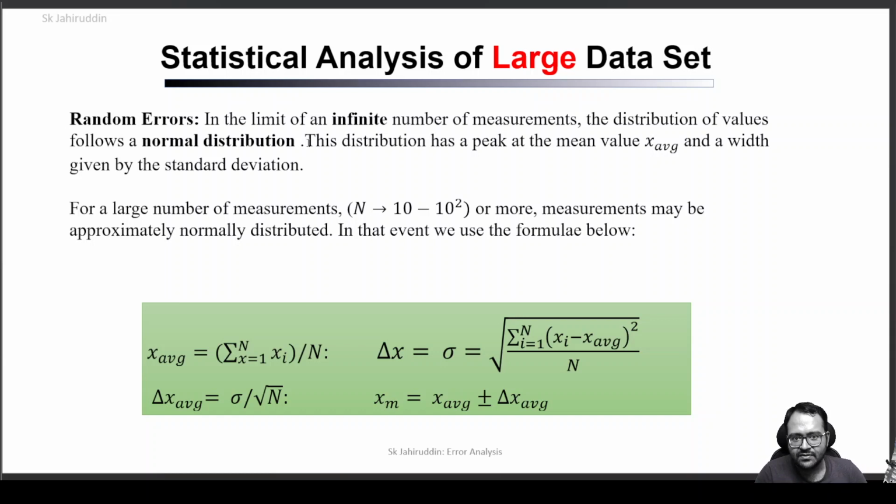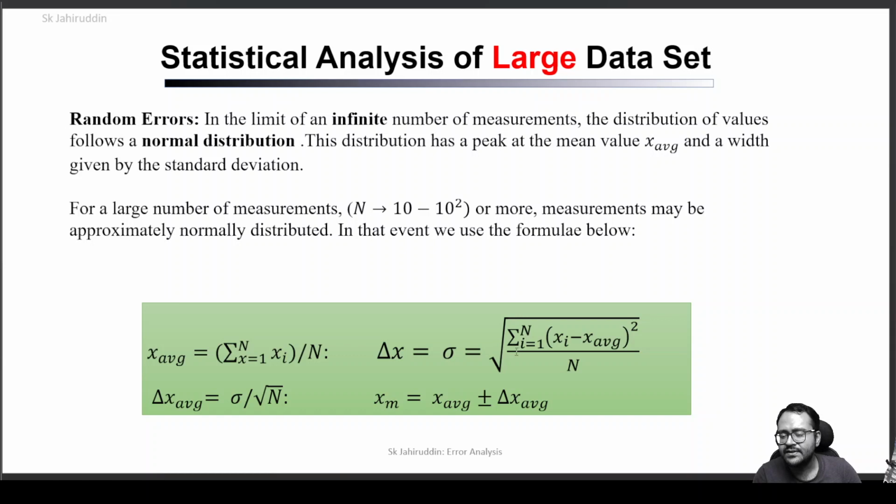The distribution has a peak at the mean value, x average, and the width given by the standard deviation. Now let's see how this is calculated. So x average, you know what is average. You just add it up and divide by the number of measurements. You find delta x, this is sigma, the standard deviation.